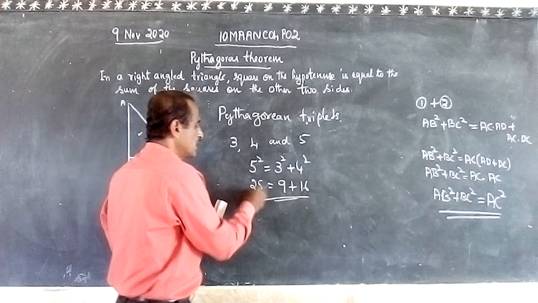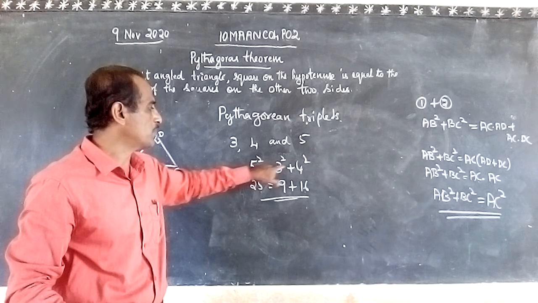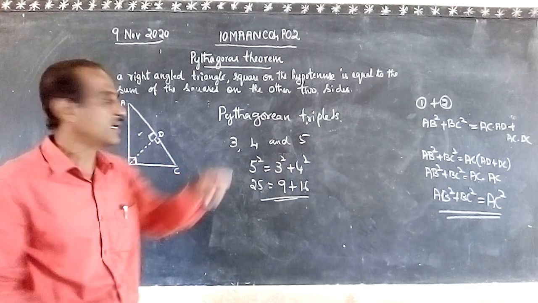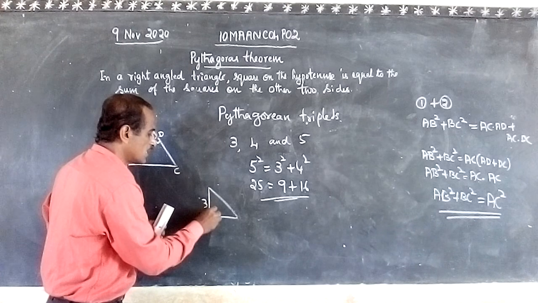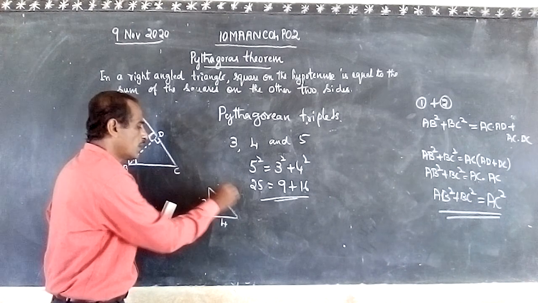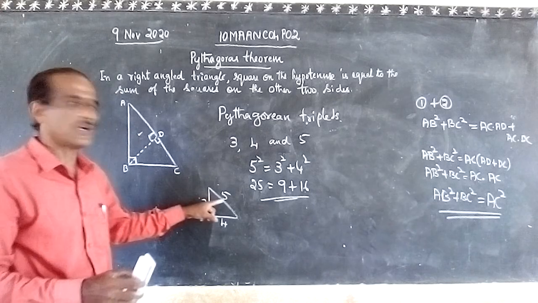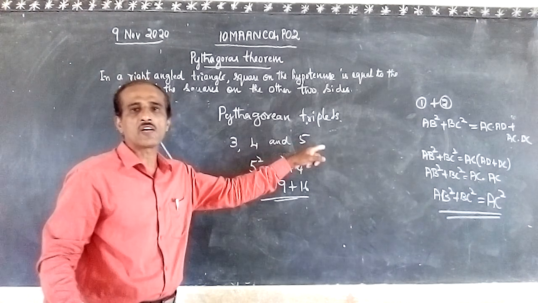See, 9 plus 16 is equal to 25. The square on the hypotenuse is equal to the sum of the squares on the other two sides. So we can say if in a right angle triangle one side is 3 and another is 4 units, then the hypotenuse must equal 5 units. So 3, 4 and 5 are called Pythagorean triplets.